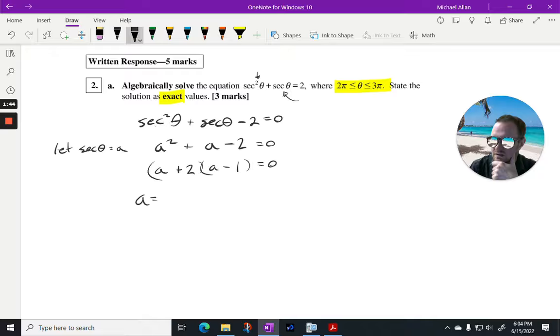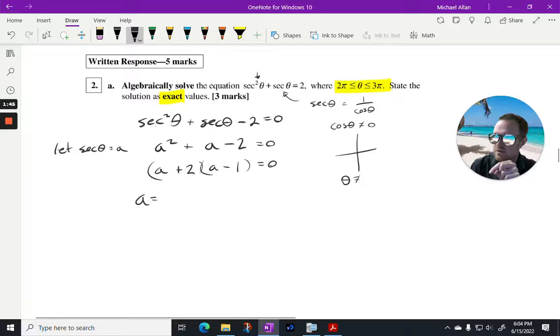So 1 secant is the same thing as 1 over cos. So therefore, cos cannot be 0. We solved this already. That means theta cannot be straight up and straight down.